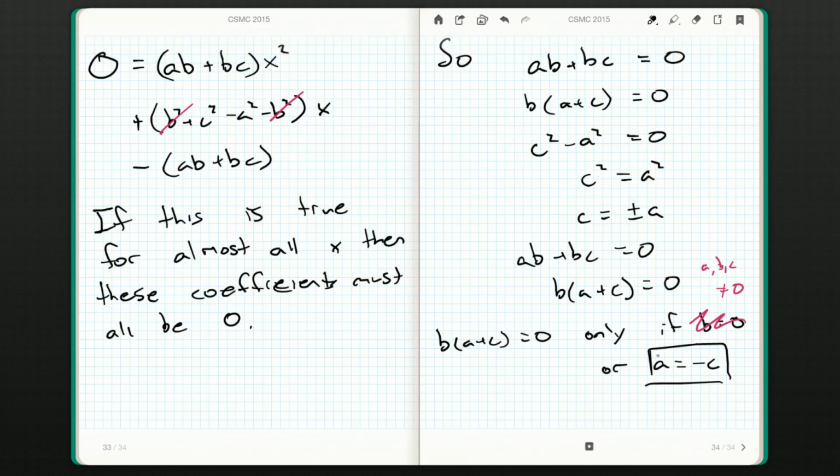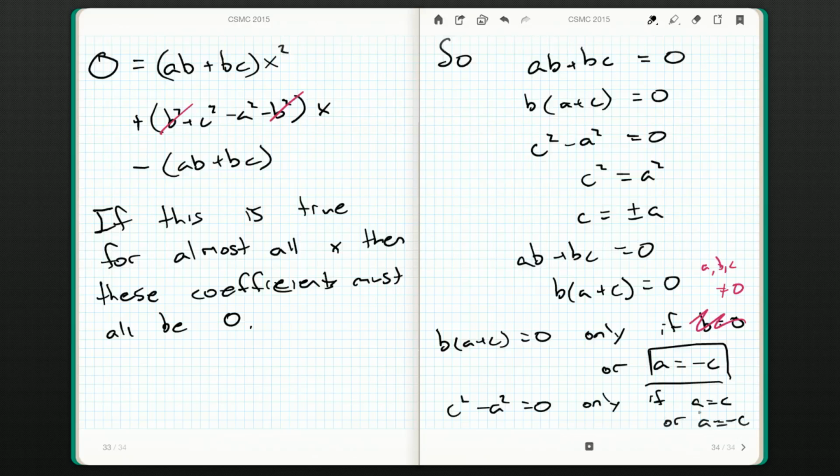Fine. Okay, to make the second one true, well, we already sort of solved it. So this is true only if A is equal to C or if A is equal to negative C. Okay?